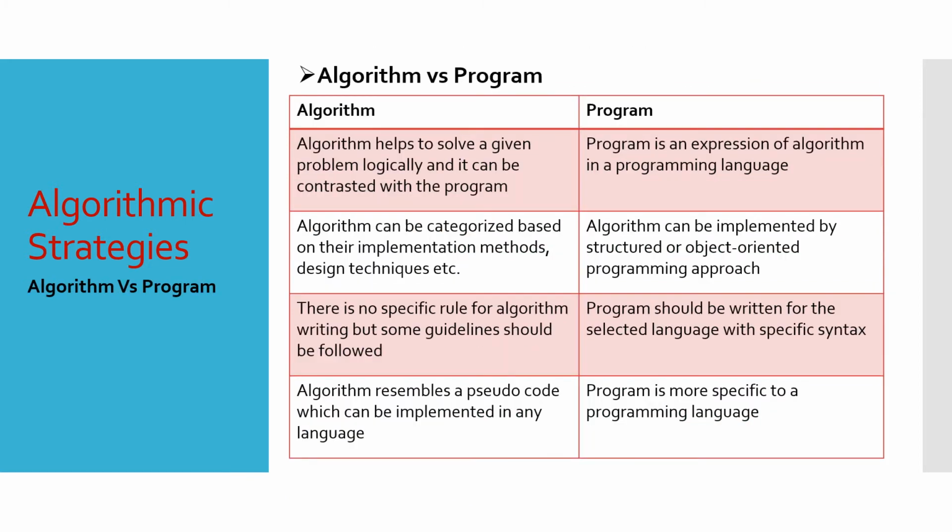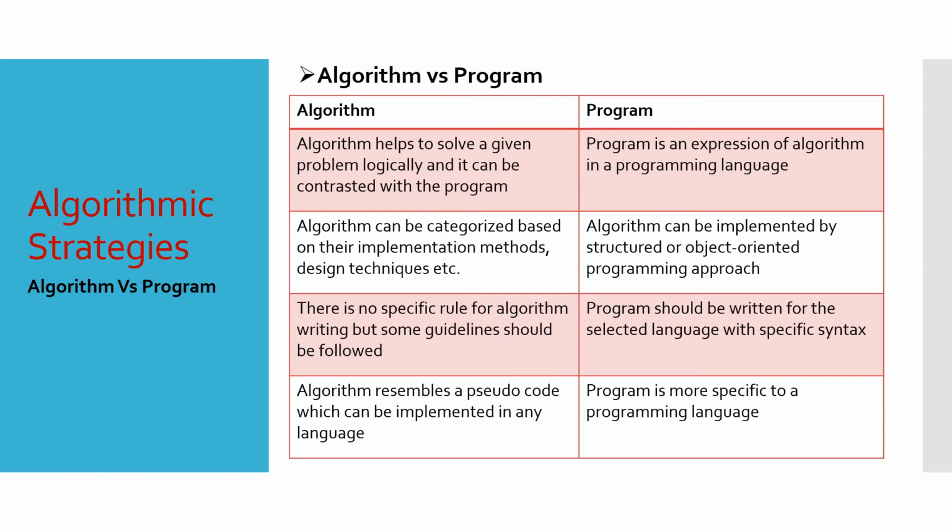Okay, so let's move on to a quick comparison between an algorithm and a program. As I said, both are different, and a program is basically an expression of an algorithm in a programming language. That's a very important point. You understand that. And also an algorithm can be implemented using an OOPS method, right?